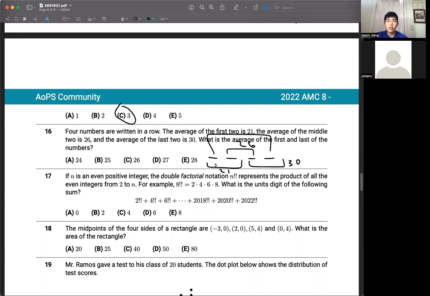However, what we know is that the average of the first 2 plus the average of the last 2 is equal to the average of the middle 2 plus the average of the outer ones. And the reason for that is because each of the numbers is accounted for once in that overall average. So essentially all we're looking at now is 21 plus 30 equals 26 plus what? And that what is 25.